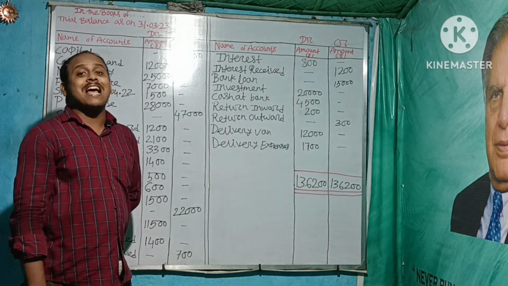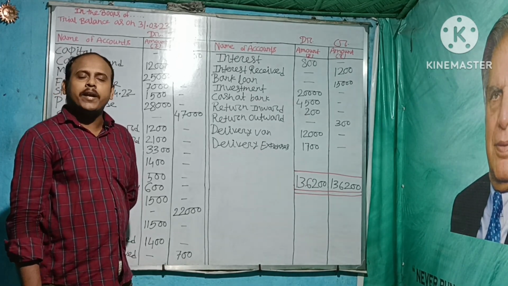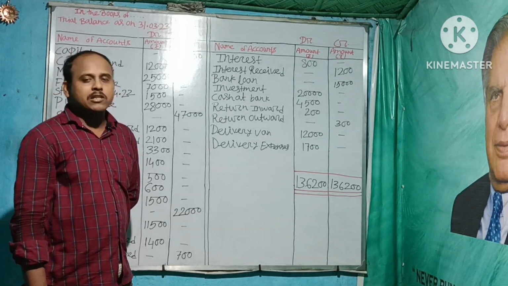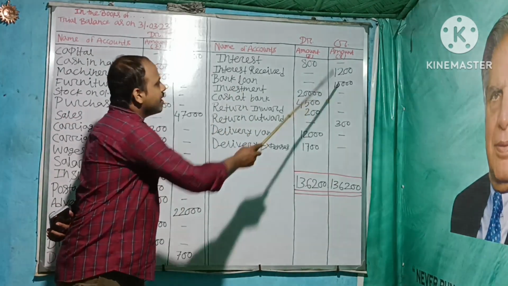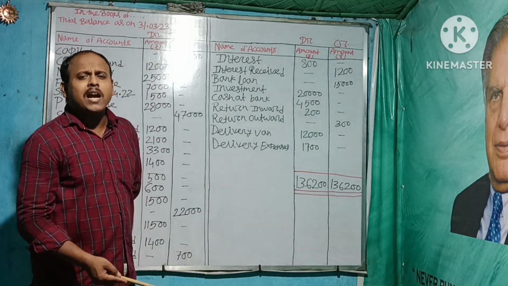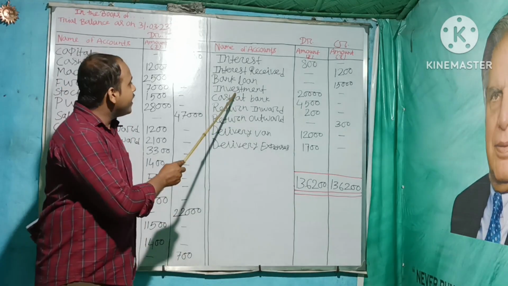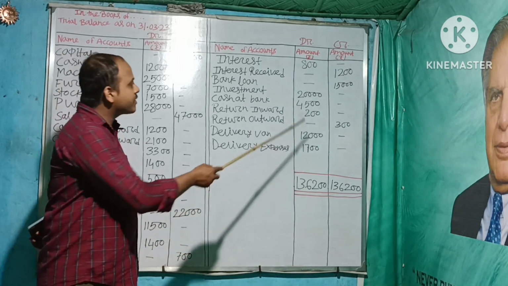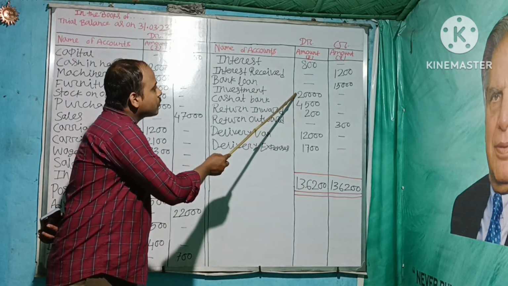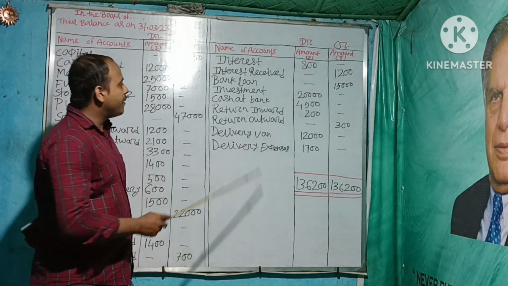Bank loan is always a liability. One thing to remember, liabilities are always credit balances, assets are always debit balances. For that reason, bank loan 15,000. This is our liability, so this is a credit balance. Investment. Investment is a type of asset. Assets are always debit balances, as we said earlier. For that reason, 20,000. This is our debit balance.